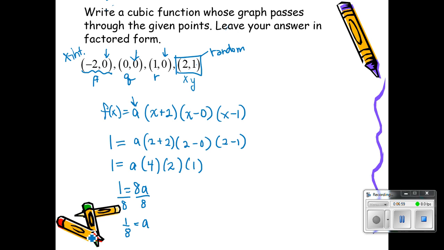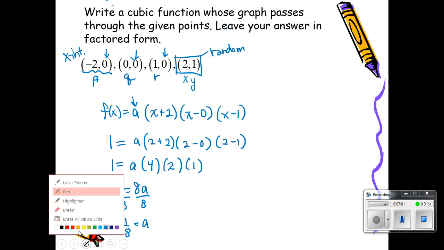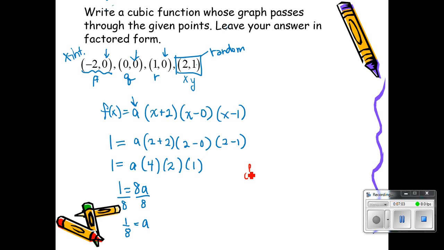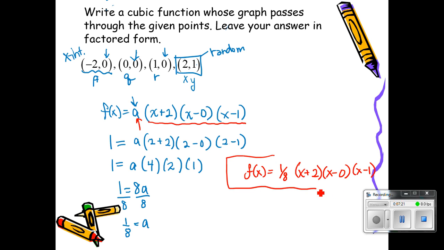So now the equation of our cubic function is going to be f of x equals 1/8, because we're going to replace our a, and then we're going to just write down all the x-intercepts: x plus 2, x minus 0, x minus 1. And that would be the equation of the cubic function.